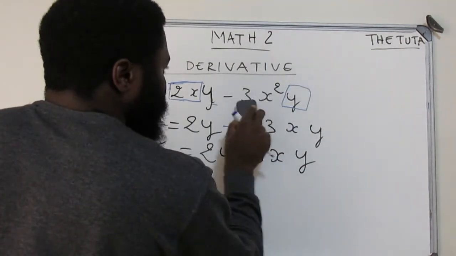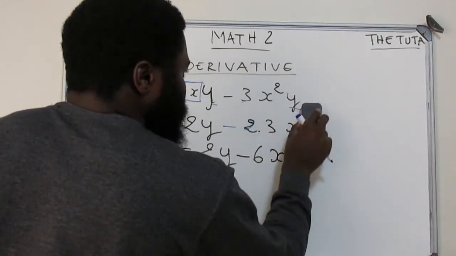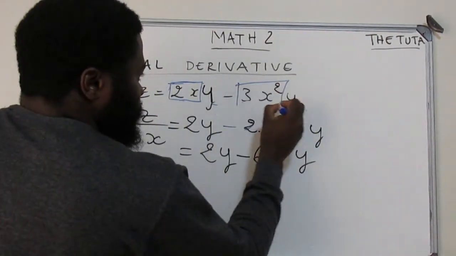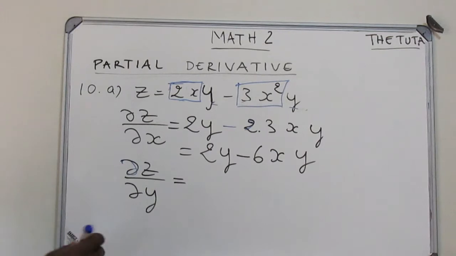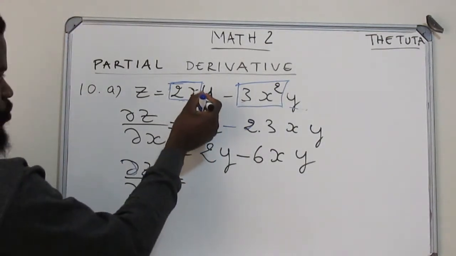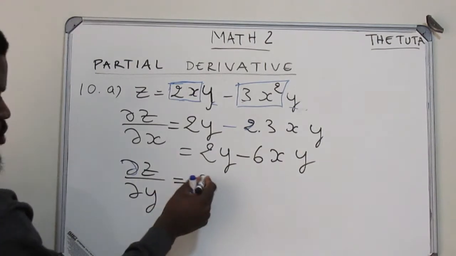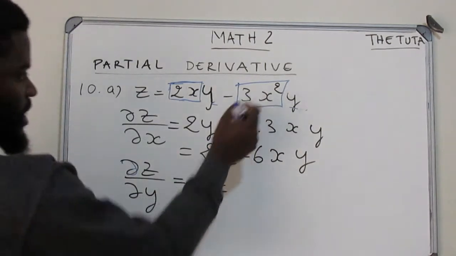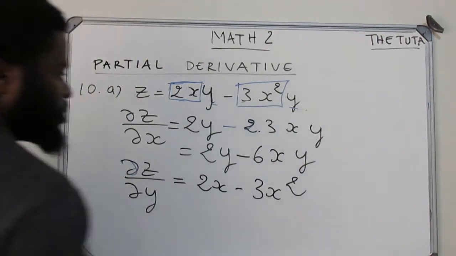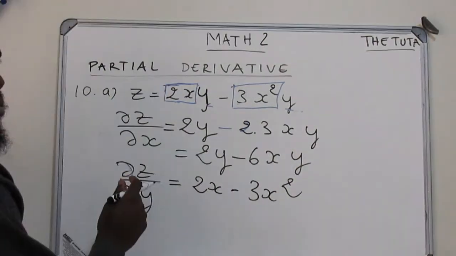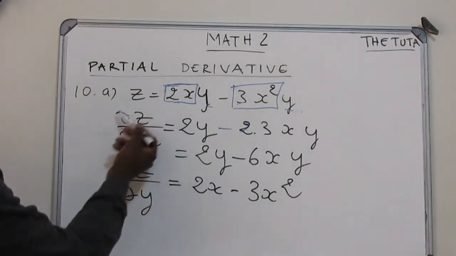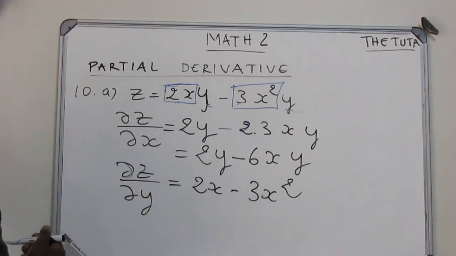You regard x as your constant and you derive y. So here you can see that the derivative of 2xy is going to be 2x, and the other side is going to be negative 3x squared. So that's it.